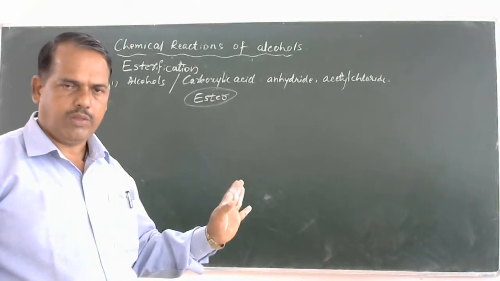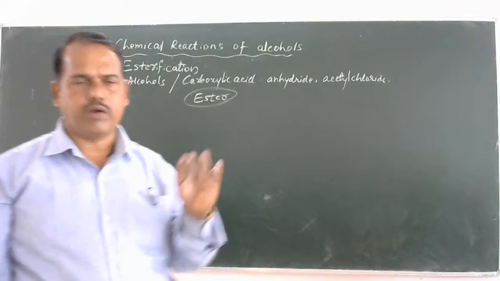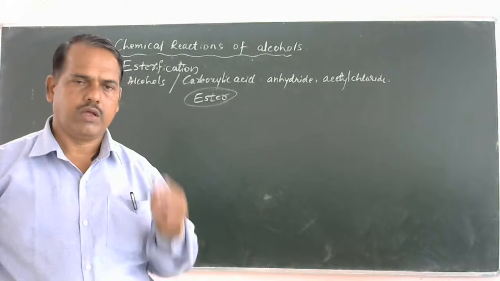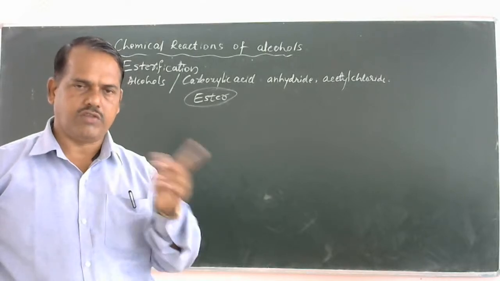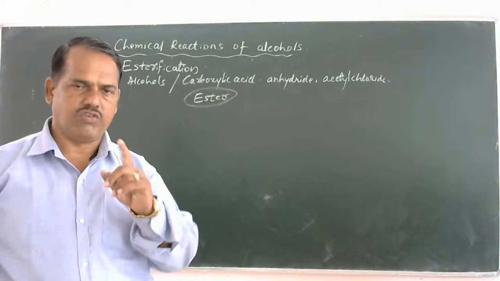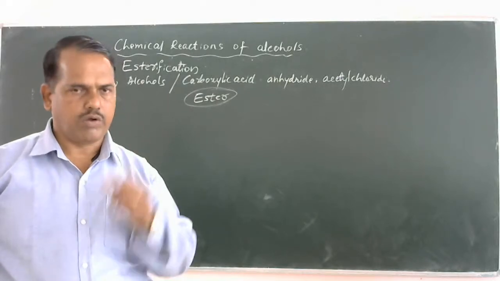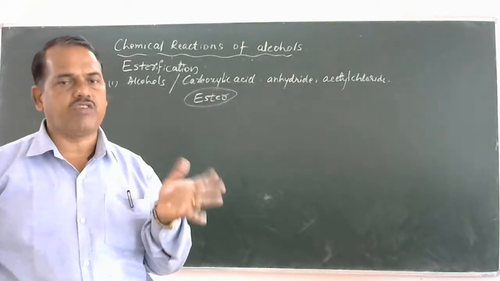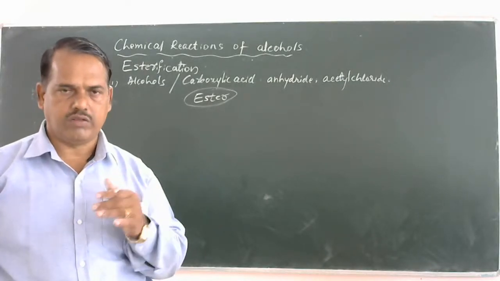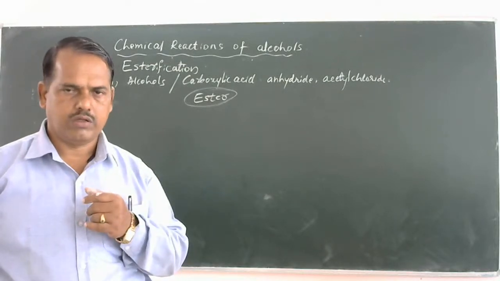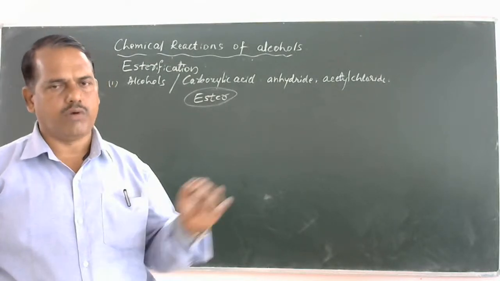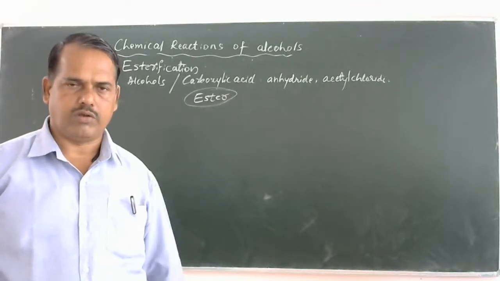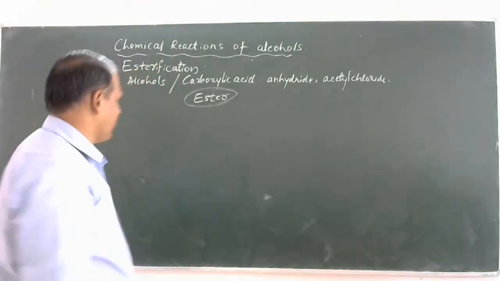Shall I write some equations? See, instead of carboxylic acid, alcohols can also react with anhydrides, CH3CO and CH3CO bridged with an oxygen atom. They are called anhydrides. Again, acetyl chloride, CH3COCl. There also it forms an ester. This particular reaction is called esterification. We shall study the general equation.